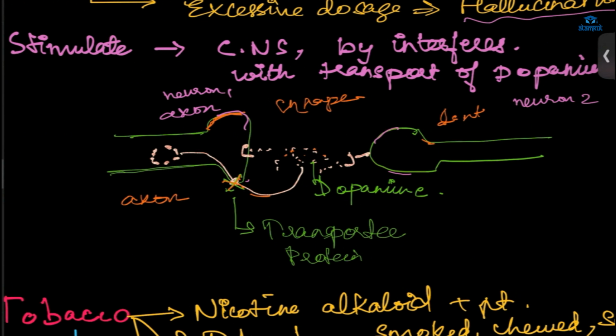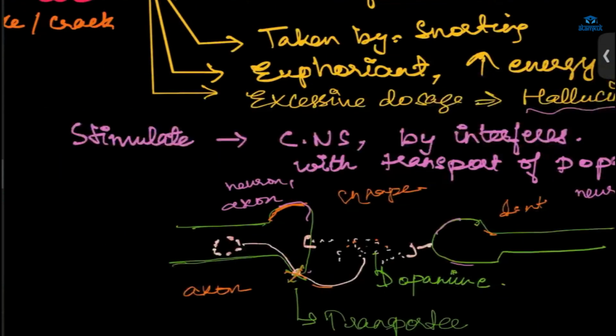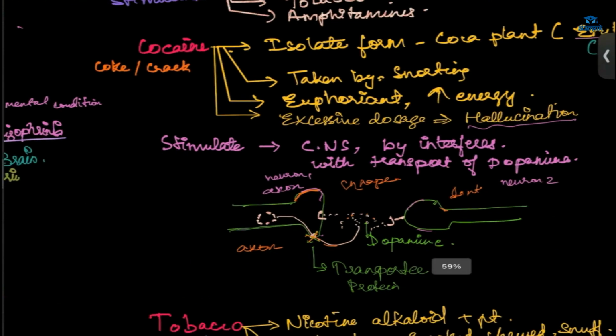If this transporter protein does not work, what will happen? The dopamine will keep on increasing. This cocaine comes and binds here, so dopamine keeps increasing, and we will have increasing energy.